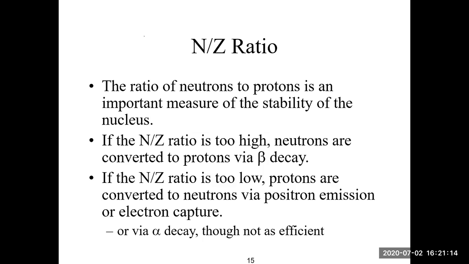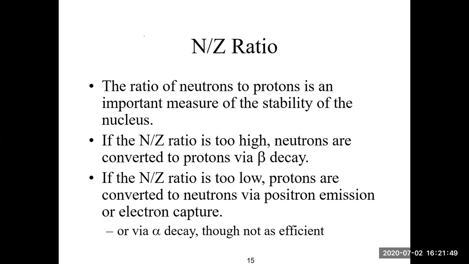What that will do is move its neutron to proton ratio closer to a more acceptable and stable situation. Will it become perfectly stable after just 1 beta decay? Maybe not, or maybe so. But it will definitely move it closer to being more stable.